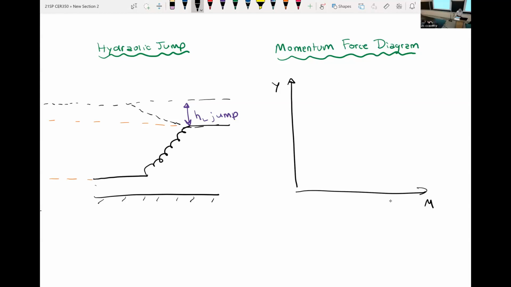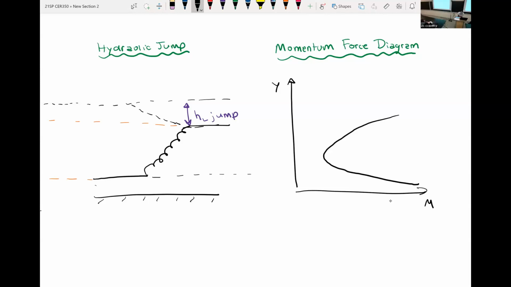And this looks more parabolic, like this. Draw it a little bit lower.